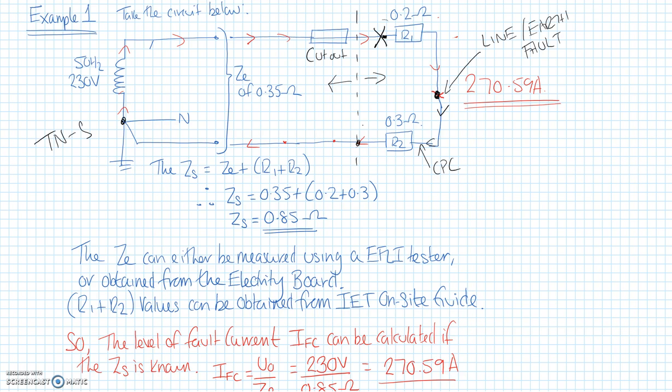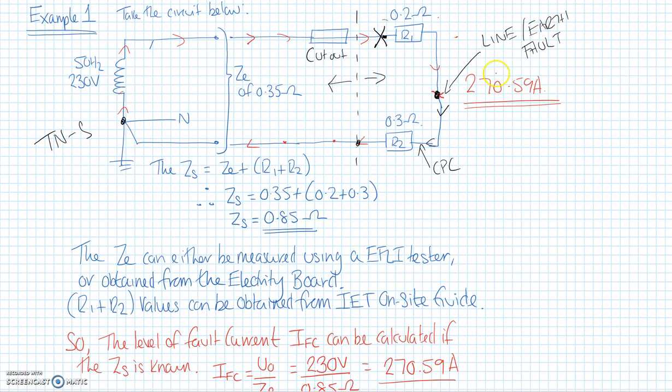For example, a 2.5mm squared copper conductor can carry, on average, about 19 amps continuously before it starts to break down, overheat and catch fire. So we want this fault current to be cleared as quickly as possible.